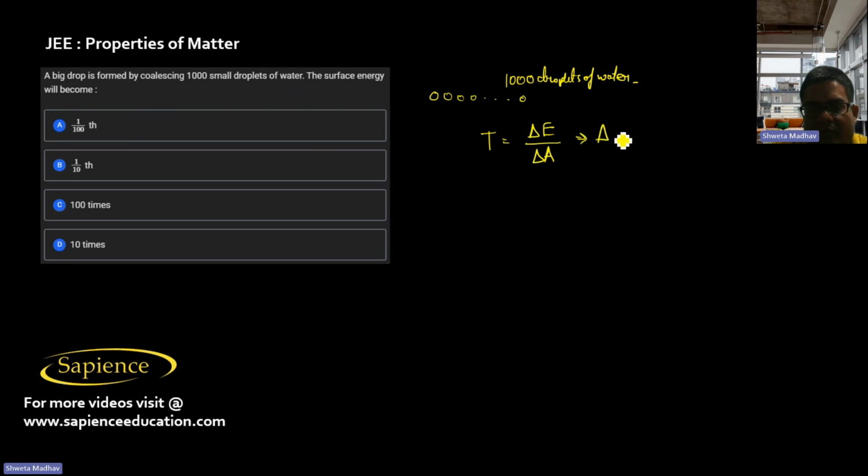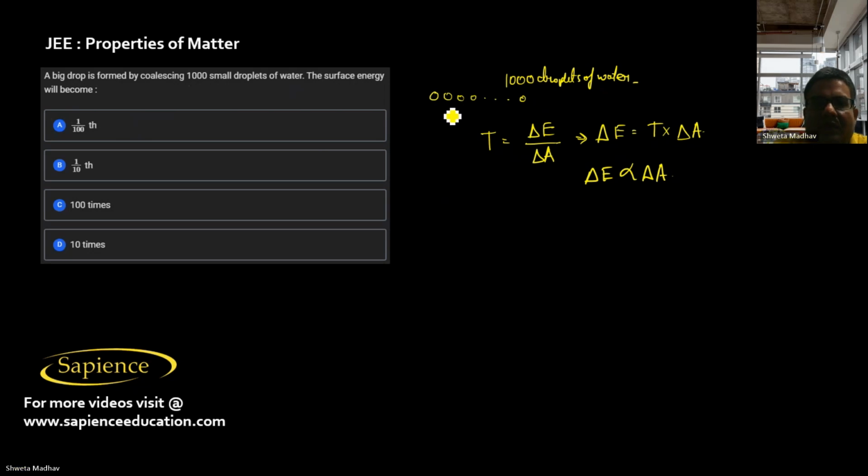So it means the change in surface energy is equal to the surface tension into the change in surface area. That means the change in surface energy is directly proportional to the change in surface area. So now here, the surface area will decrease obviously.